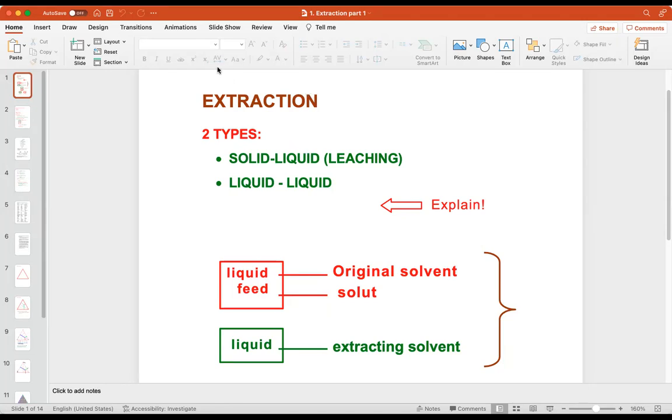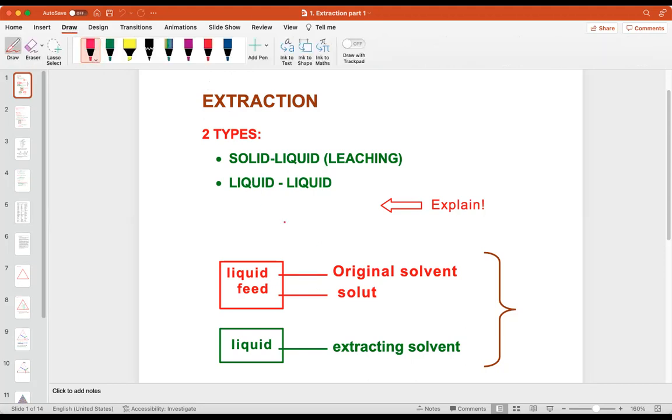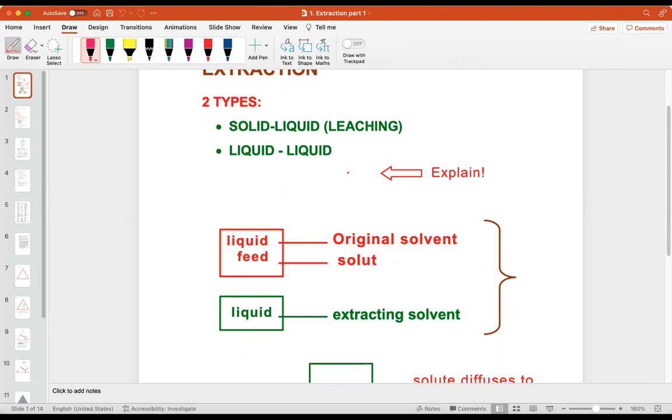Now, liquid extraction is where a solute in one liquid is transferred into another liquid. The one that you have every day, making tea, is a type of solid liquid extraction, called leaching.